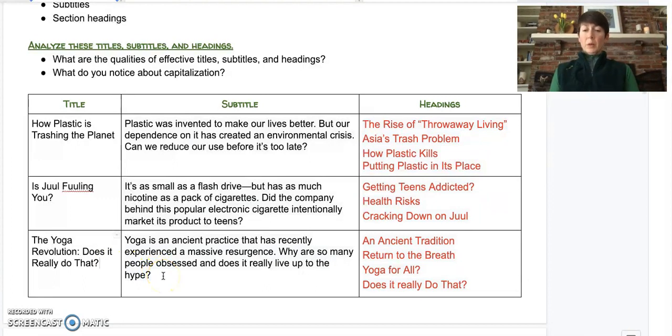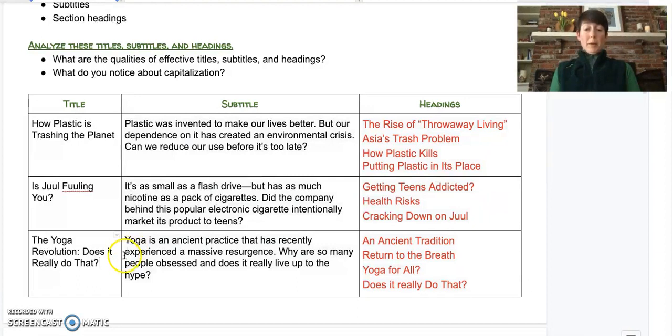And here's my subtitle. Yoga is an ancient practice that has recently experienced a massive resurgence. Why are so many people obsessed, and does it really live up to the hype? So I also chose to end in a question with my subtitle, and previewed a little bit of my core message, because part of my core message is going to be about where yoga came from, how old it is.